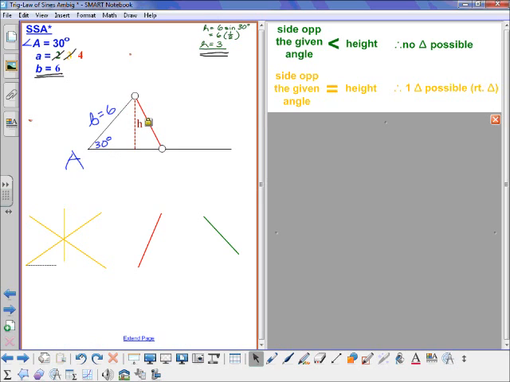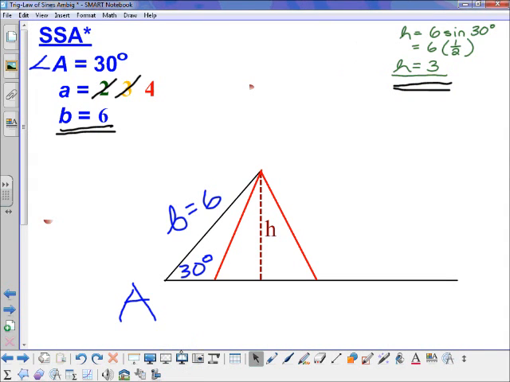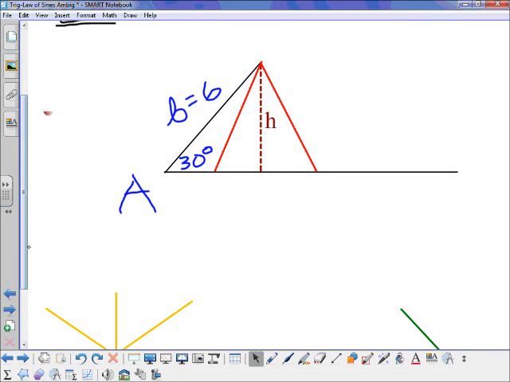I've already cloned it and flipped it over. So now I could have 2 triangles possible. Now I'm going to go back to single page to make this bigger. There's my 2 triangles possible.